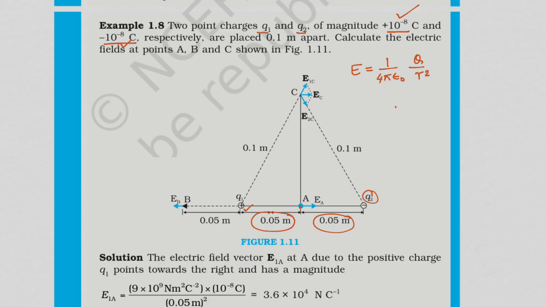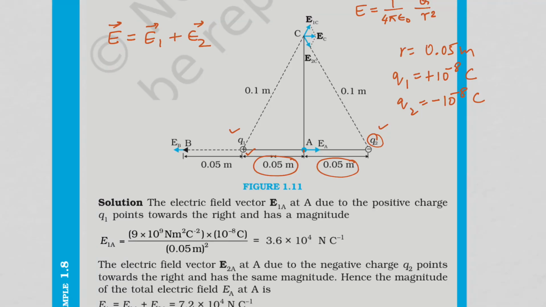R is given, R is 0.05 meter, and charge Q1 is equal to plus 10 to the power minus 8 coulomb, and Q2 is minus 10 to the power minus 8 coulomb. As we have discussed, E is actually E1 plus E2, the electric field due to Q1 and the electric field due to Q2, but these are vectors, so we have to take direction into consideration.